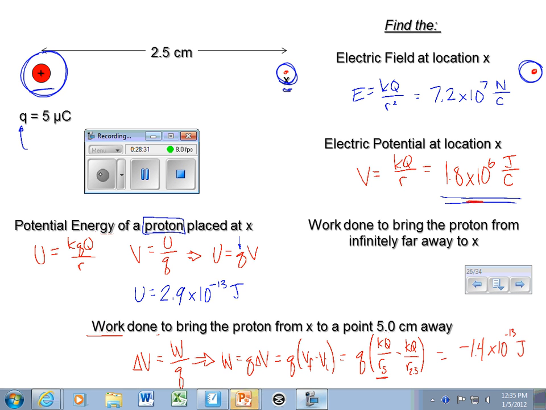In fact, the only thing you have to do is probably push back this way to keep it from going any farther. So when we say how much work do you have to do, you have to push this way while the charge moves that way. Hence, the amount of work done comes out as negative. If the question was how much work is done by the field, well, we'd say that amount of work is positive because the field pushes to the right while the thing moves to the right.